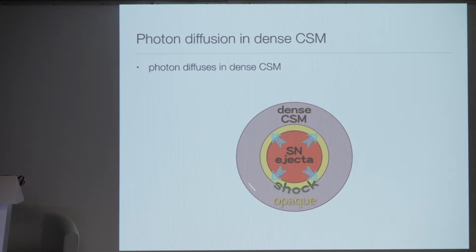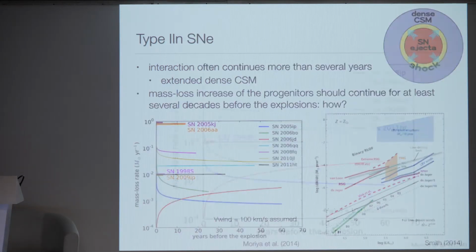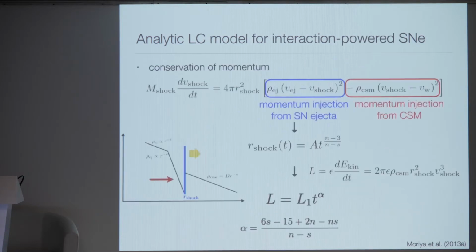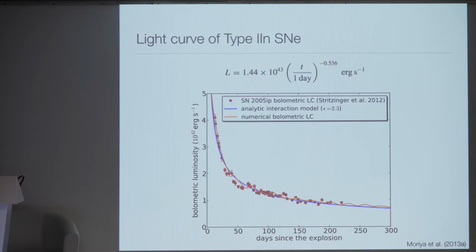If this circumstellar matter is extremely dense, then it will be opaque, and the photons released at the shock will diffuse in this circumstellar matter. The previous model assumes the radiation from the shock is not affected by the circumstellar matter and just goes away, and that's why we assume the luminosity is directly converted to the actual observation.